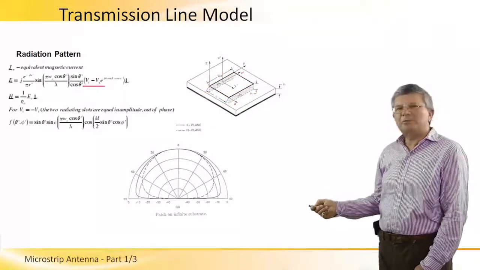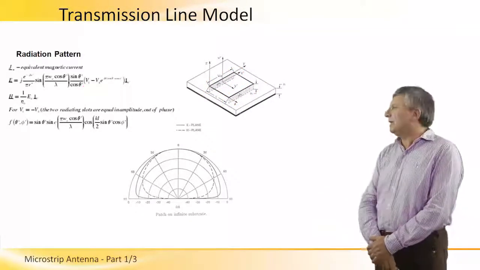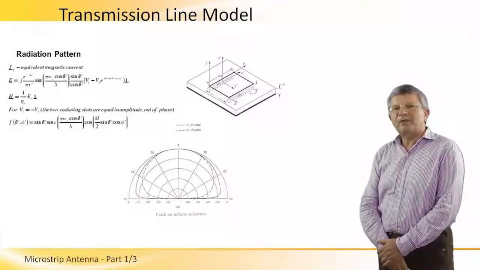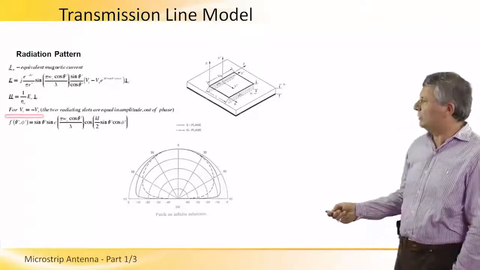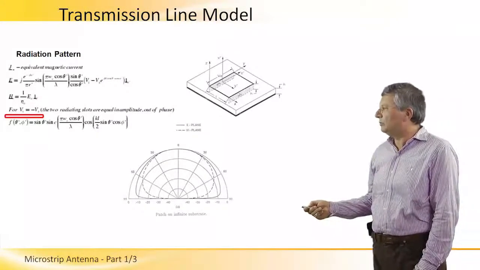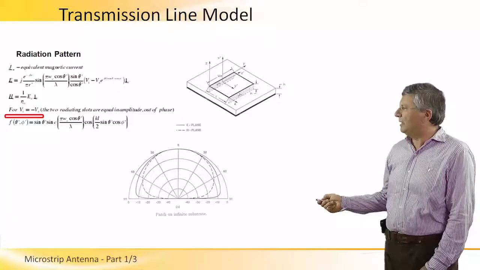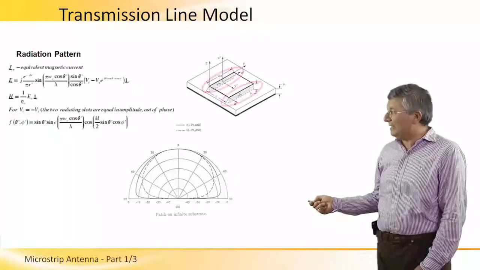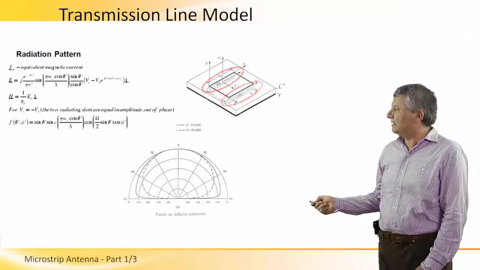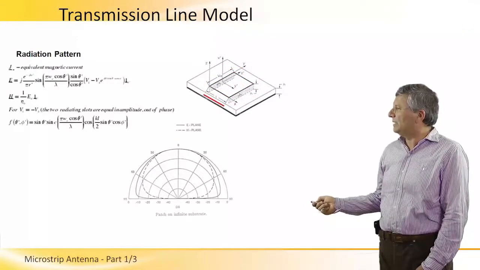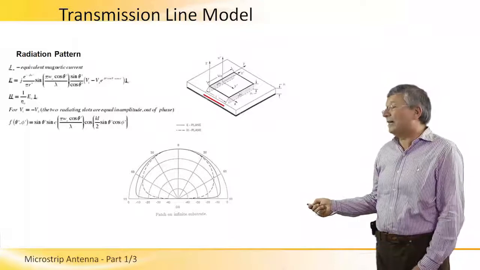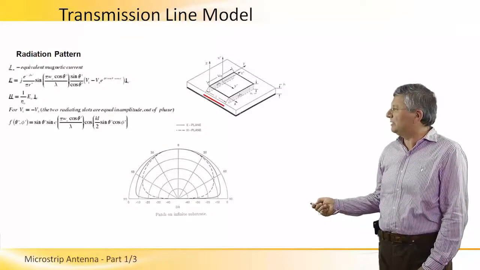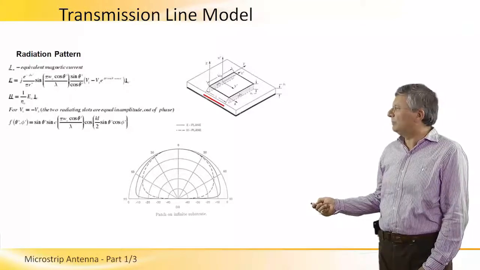V1 and V2 represent the excitation of each one of those slots. If V1 is equal to the negative of V2, then we obtain combined radiation if the distance between the two radiating slots is equal to lambda over 2.